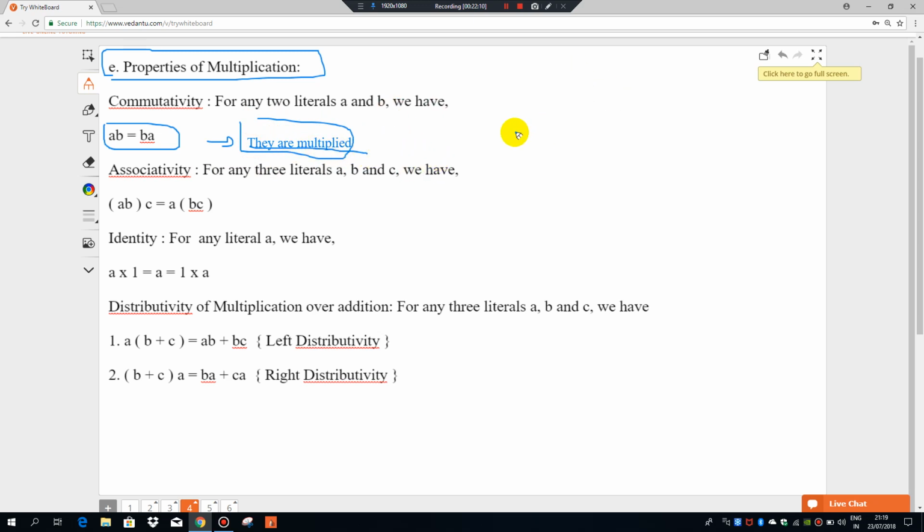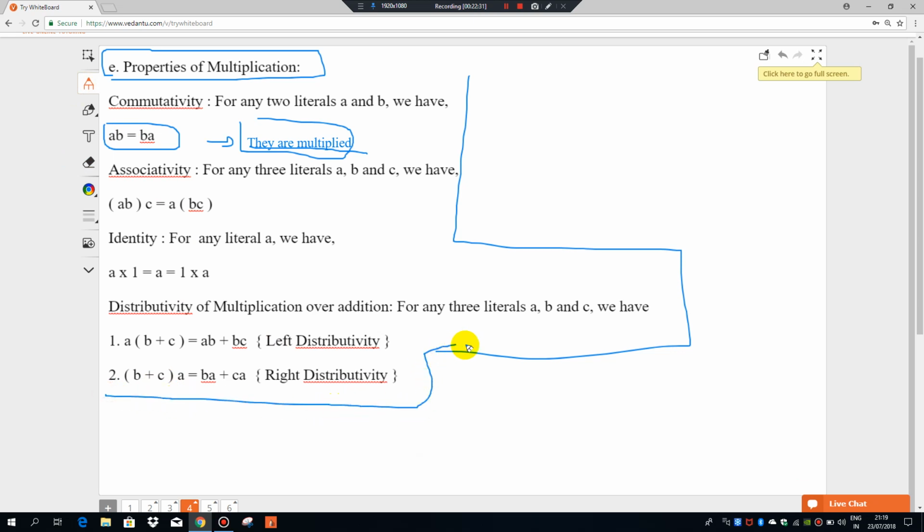We already learned x into y is xy. Now we'll see commutativity. We have learned about addition commutativity, but not multiplication commutativity. That's also the same, just the order changes.